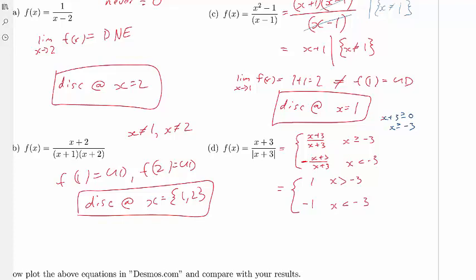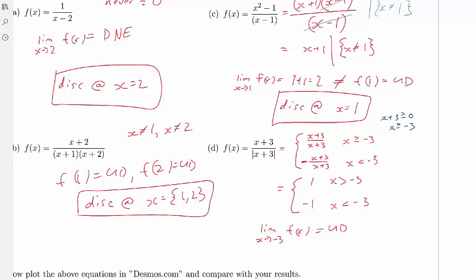Note that this is discontinuous at negative 3. So we'd write simply discontinuous at negative 3. Let me show you why, though. The limit as x approaches negative 3 of f of x is simply undefined. Because if you approach from one side, you get positive 1.